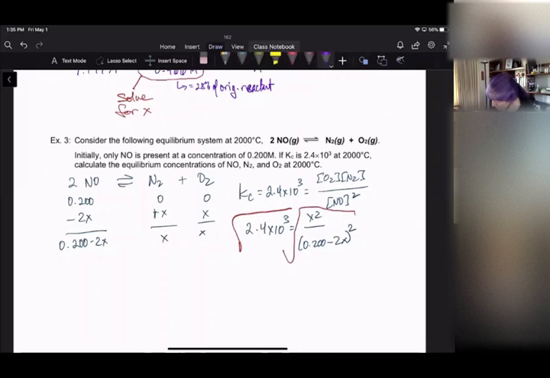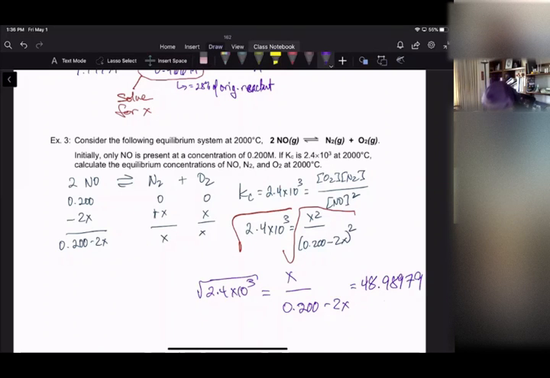Take the square root of both sides. So square root of 2.4 times 10 to the 3 equals x squared over, just x, over 0.2 minus 2x. There we go. Then we can just plug it in and solve for x. All right, I'm going to call that 49.